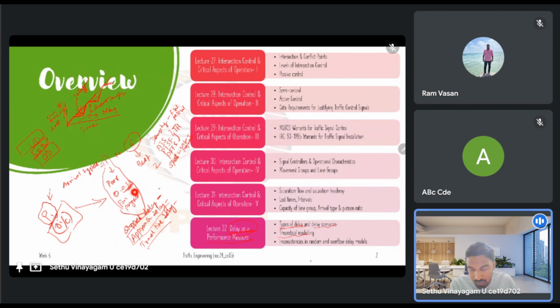Finally, we have the overflow delay. So in overflow delay, what happens? The capacity is not enough. So the signal stops, but once the signal turns green, the departure curve does not catch up with the arrival curve, right? Before the queue gets cleared, again a red signal happens.